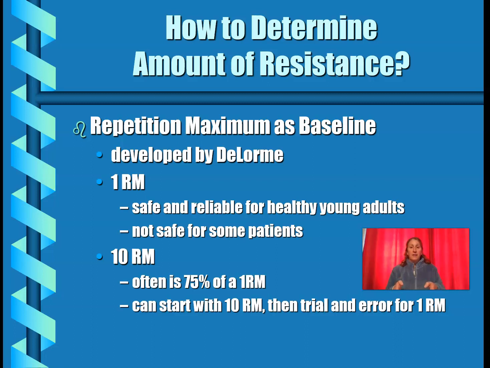So obviously this involves a lot of trial and error, and the more that you test the patient out on trying to figure out what their 1 rep max or 10 rep max would be, then they're eventually going to fatigue, so it's not going to be very accurate. So these are some general ideas, but again, in the clinic, not always the most applicable because we really don't have time to spend with our patients to figure this stuff out. So a lot of it is guessing and experience.